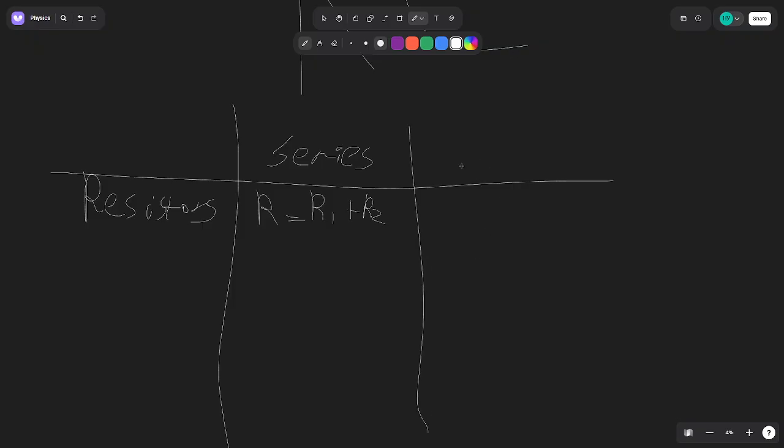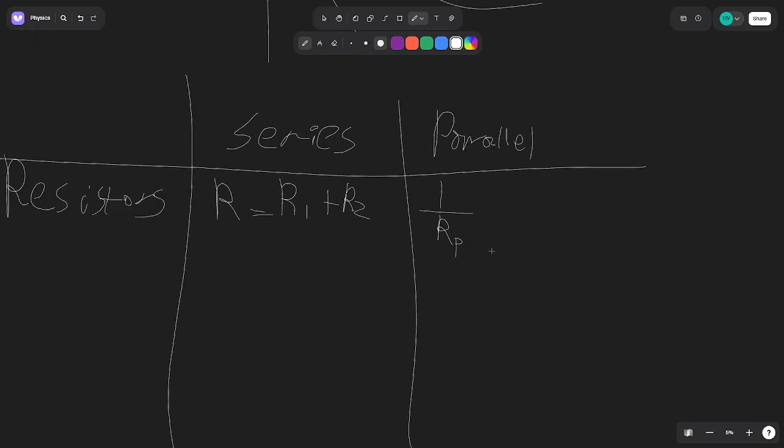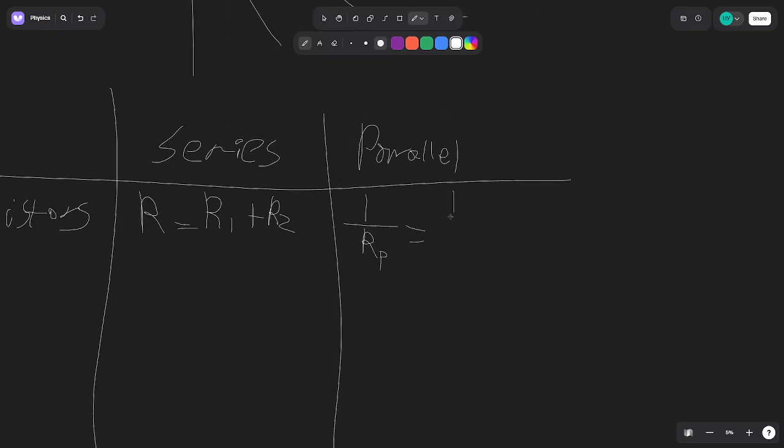But in the parallel case, 1 over R in parallel equals 1 over R1 plus 1 over R2.